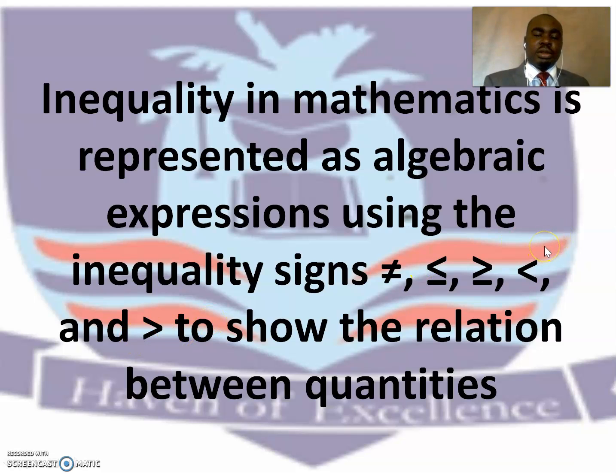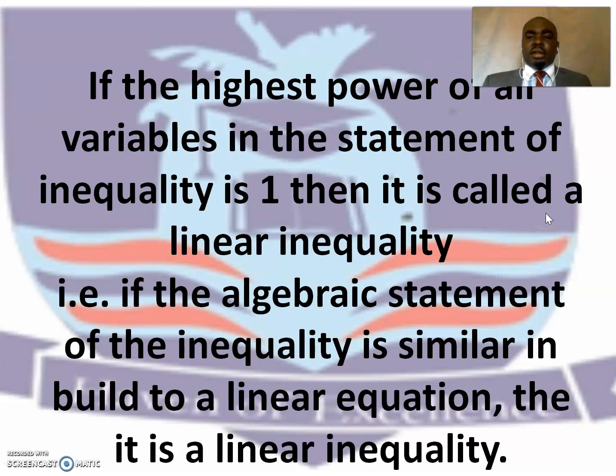Now that we've understood what inequality means, what are linear inequalities? In my introduction, I mentioned that inequalities are related to equations. And we all know that a linear equation is an equation where the highest power of the variable is 1. Similarly, a linear inequality means an algebraic inequality where the highest power of the variable is also 1.